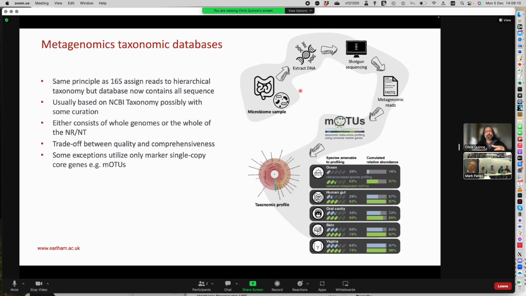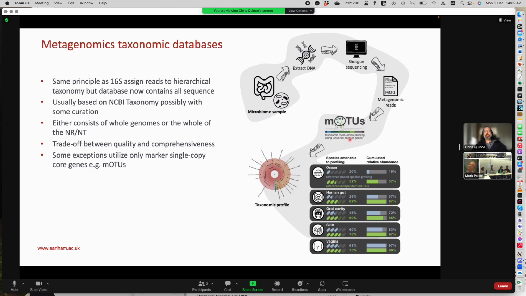There are exceptions to that. There's a method called mOTUs, where you don't profile against the entirety of the genome of the different members of your communities. Instead, they've constructed these mOTUs through a method very similar to binning, and those mOTUs only use a set of 40 marker genes. We'll talk about marker genes in the rest of the course.